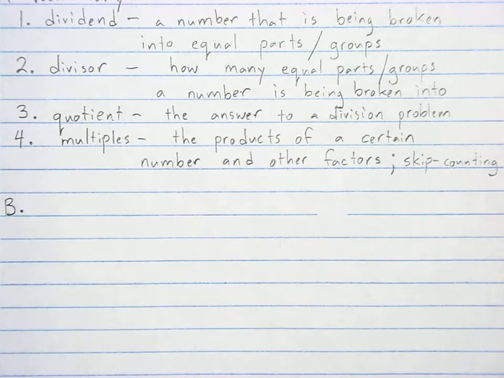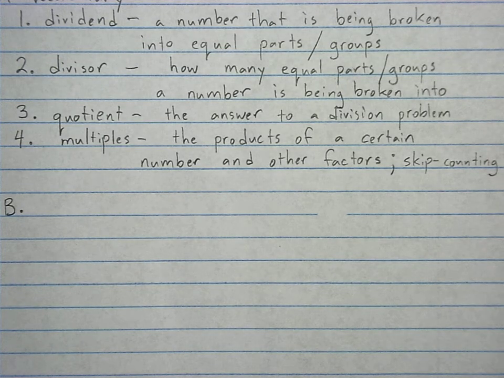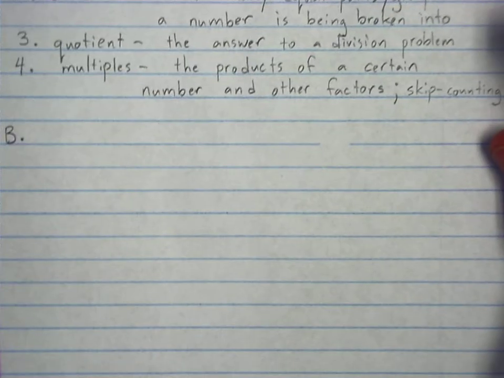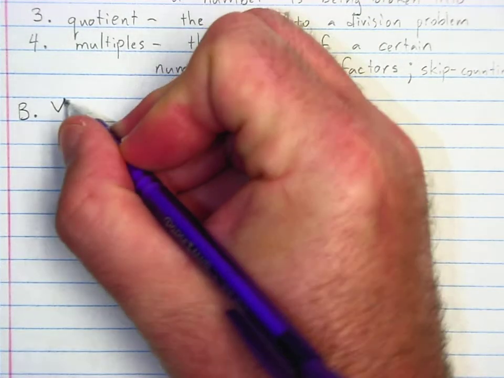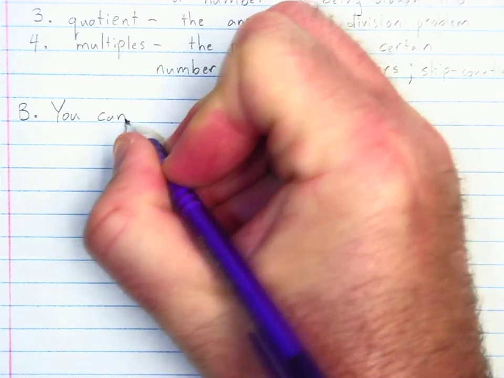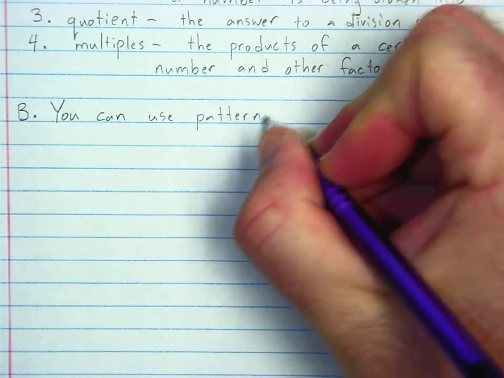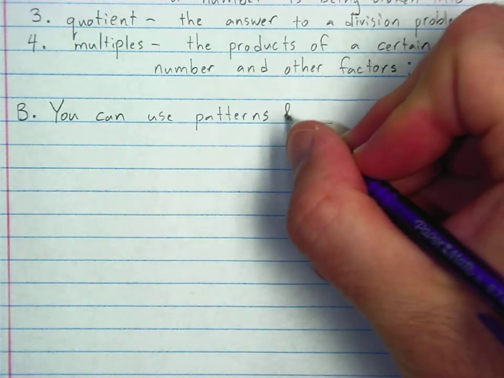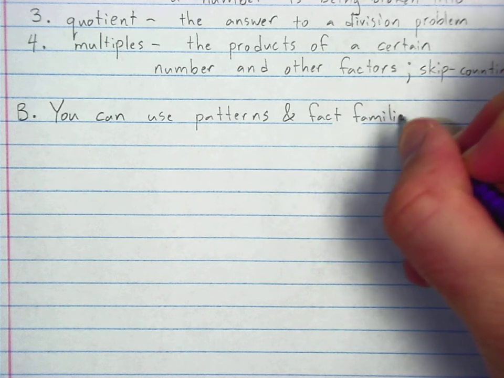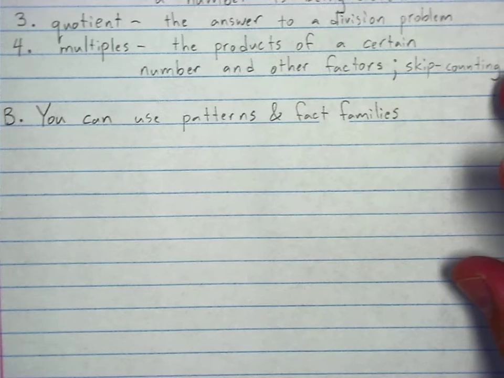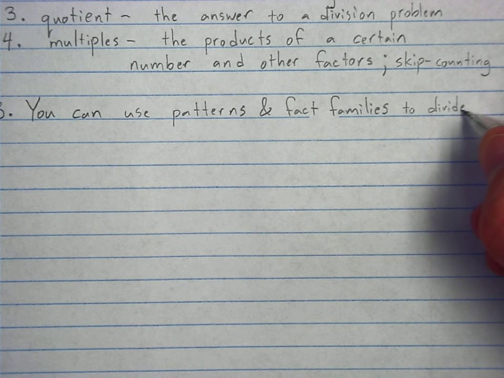We're going to jump down to B. Okay. This is going to be a relatively short section, but what I want to talk about here is a big idea that, again, should look familiar from what we did with multiplication. You can use patterns and fact families to divide mentally.